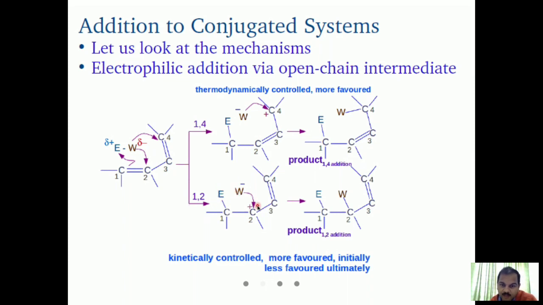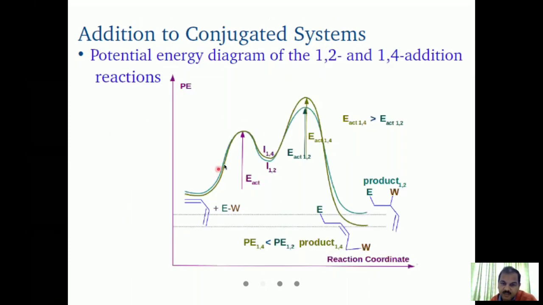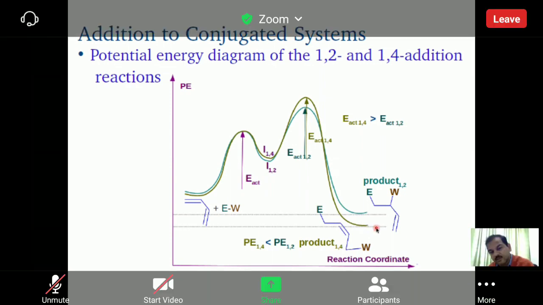In the second step, the nucleophile attacks, so there is a difference, and you can see the energy also differs. In the 1,4 addition reaction, the energy barrier is high, and in the 1,2 addition reaction the energy barrier is low. So 1,2 addition is kinetically controlled. 1,4 is more stable, but its activation energy is high, so it is thermodynamically controlled. This is the kinetically controlled product.